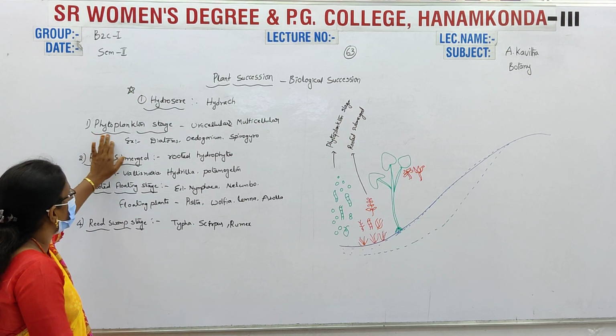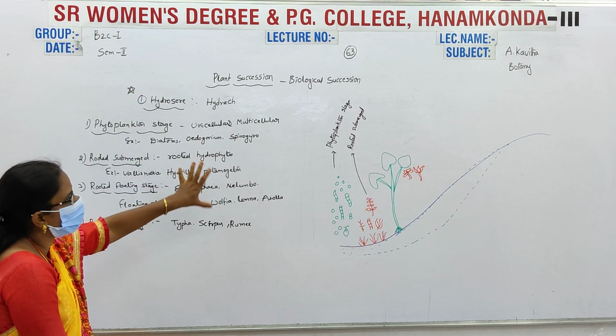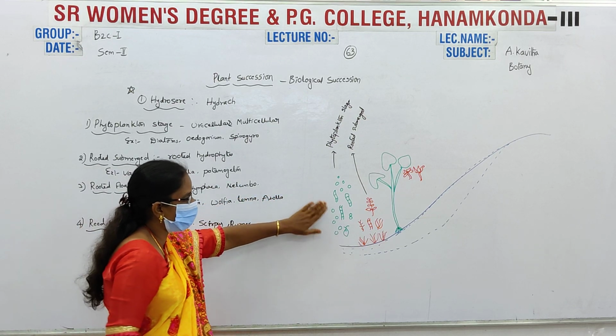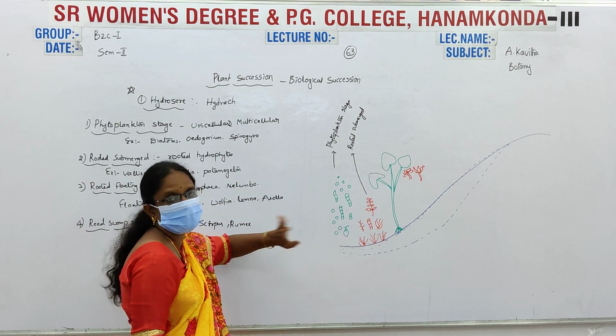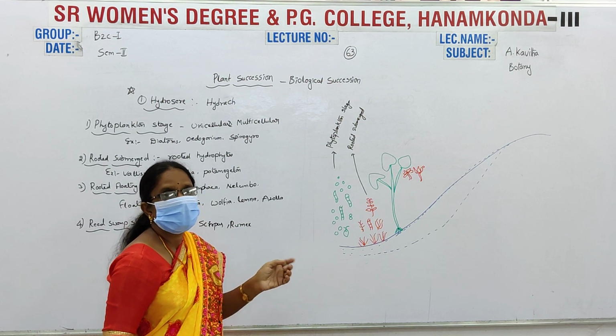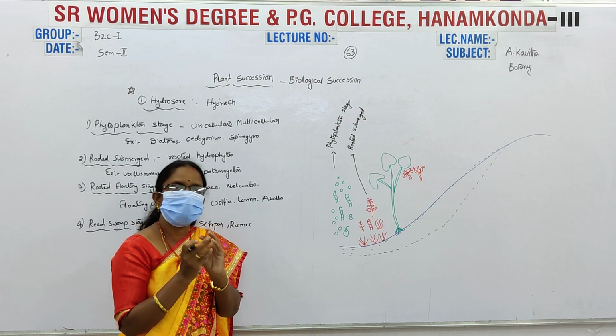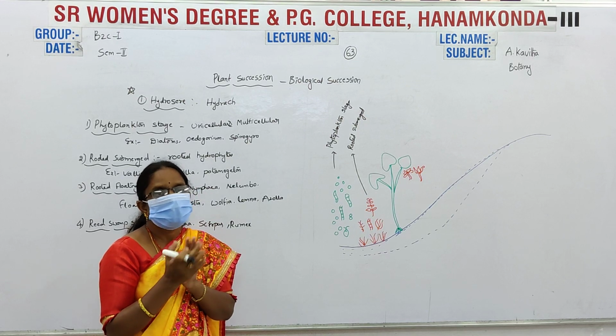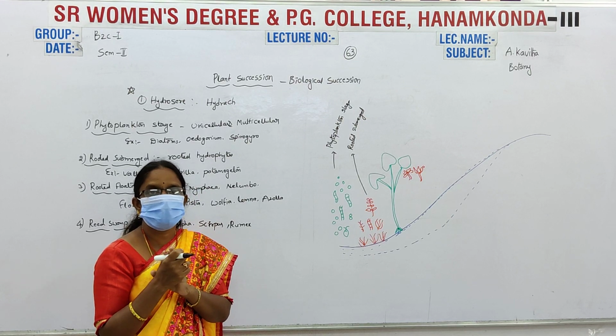In the first stage, the phytoplankton stage, unicellular and multicellular forms are present. After the development of the first stage, these forms die and participate in the decaying process.